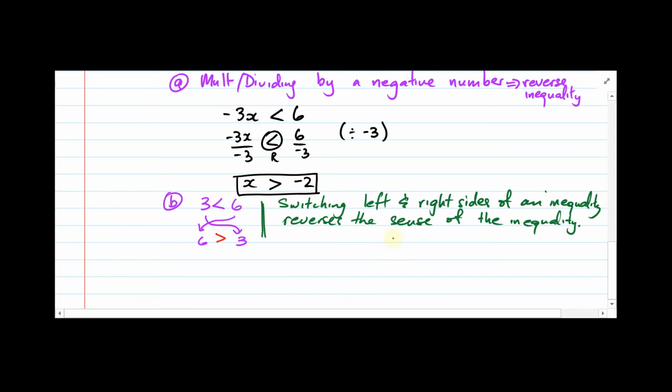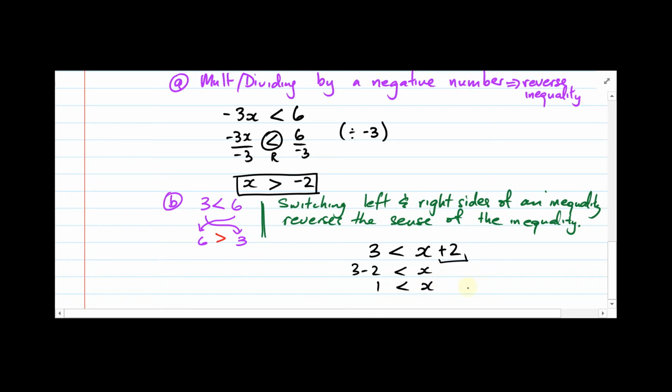So maybe I have done my work, or we had 3 is less than x plus 2, and as usual I would simplify by getting rid of the 2 here. So I might write 3 minus 2 just as I would with an equation, and so what I would end up is 1 is less than x.